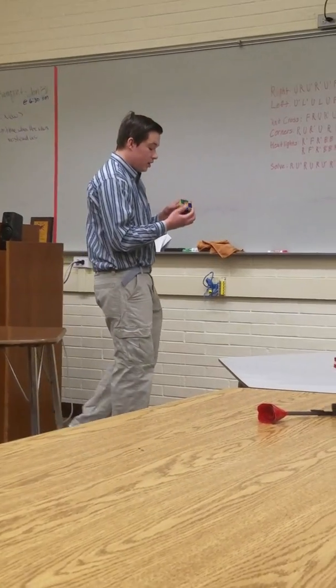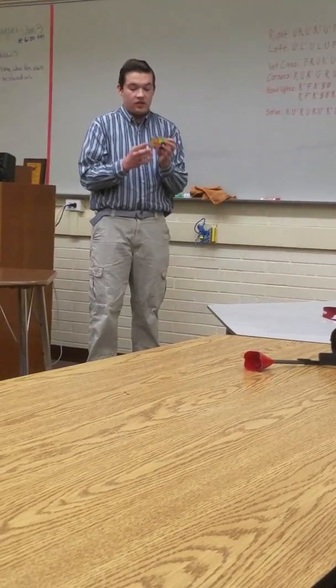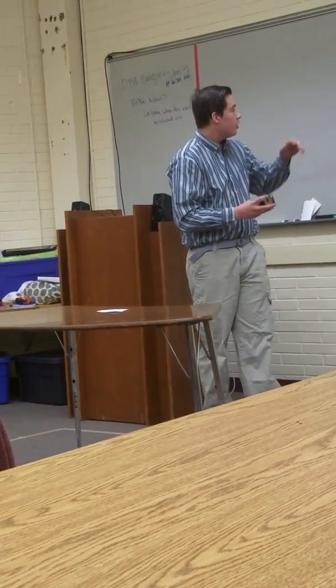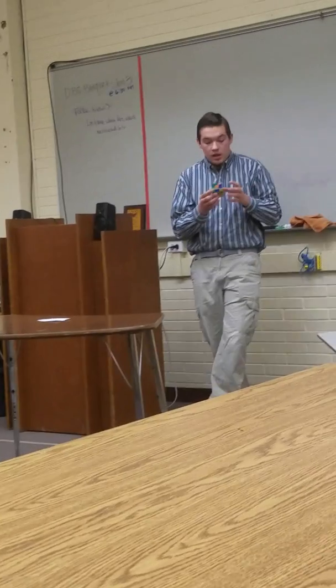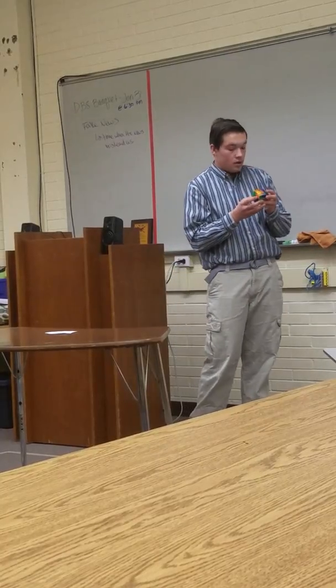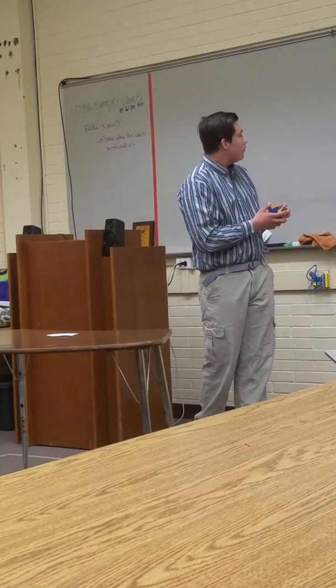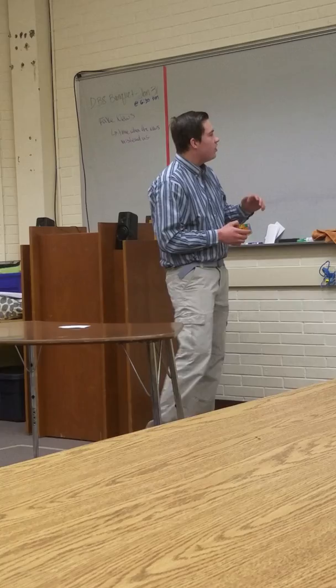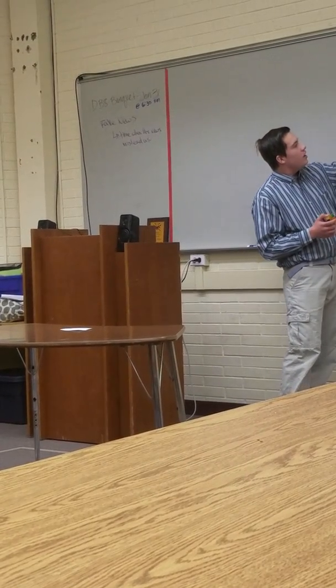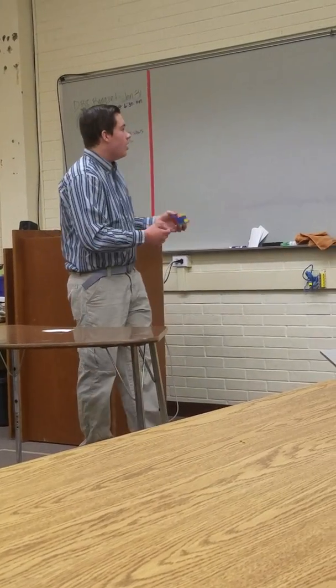Now, if you need to move it to the left, like this white one needs to go over to the left, you're going to use the second algorithm. It's up inverse, left inverse, up, left, up, front inverse, up inverse, front. What you're probably wondering, I forgot to say this earlier, if it has an asterisk by it, it means inverse, which just means you would rotate the face counterclockwise instead of clockwise.